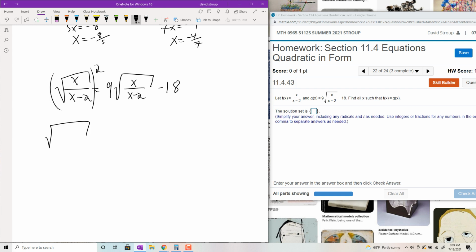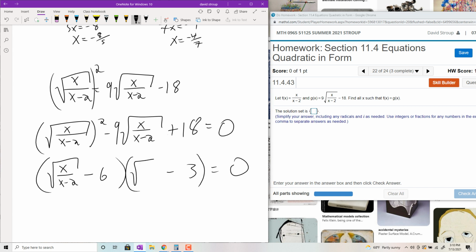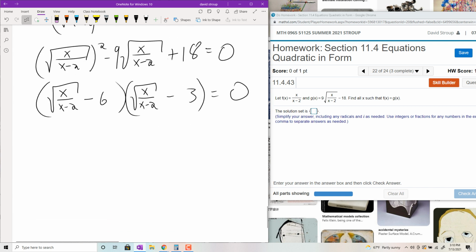So you have the square root of x over x minus 2, squared, minus 9 times the square root of x over x minus 2, plus 18 is 0. Right, so we have 6 and 3, and then this thing is the x over x minus 2. Okay, and then we set each of these equal to 0.